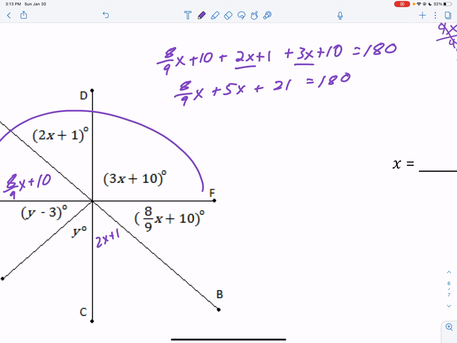Now, if I want to have the same denominator, I can go through the whole process of getting the same denominators, but 5x is the same thing as 45x over 9. And we can basically say that this is 5 over 1, multiply the top and the bottom by 9 to get 45 over 9. Another way we can do it is just to multiply everything by 9. Let me subtract this 21 first.